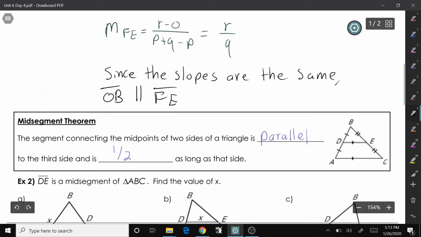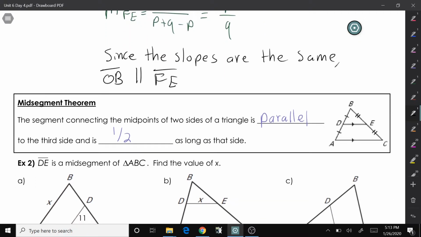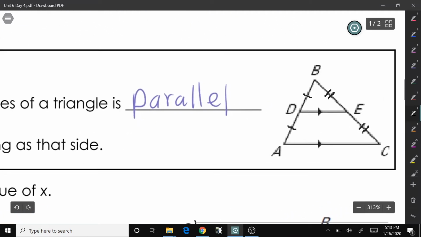Now, that kind of proves the mid-segment theorem for triangles. It says a segment connecting the midpoints of two sides of a triangle is parallel to the third side and is 1/2 as long as that side. Meaning, if D is the midpoint of AB and E is the midpoint of BC, that means line DE is parallel to AC, and that line DE is half the length of AC.